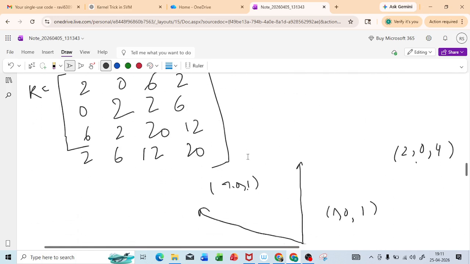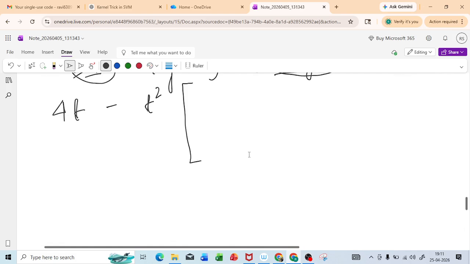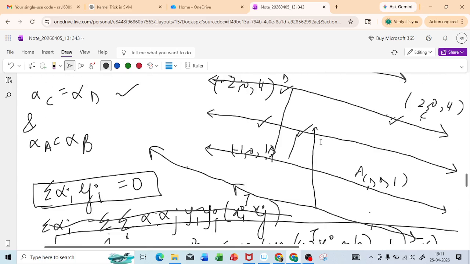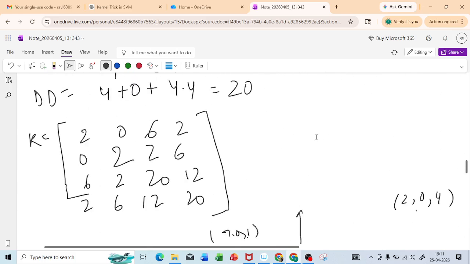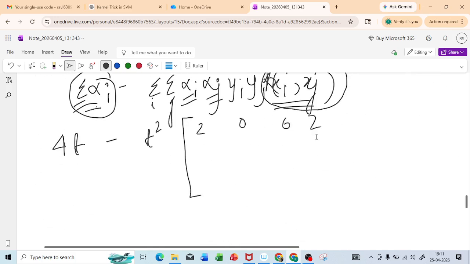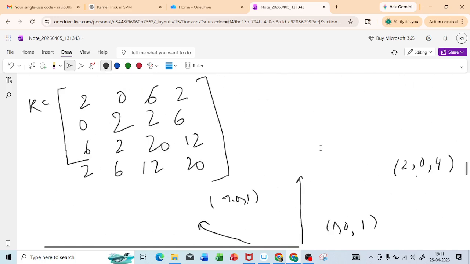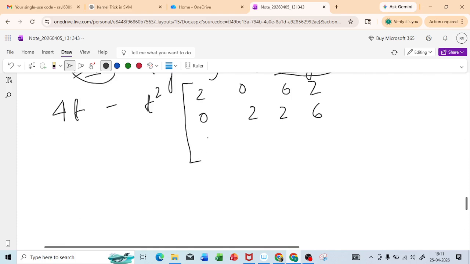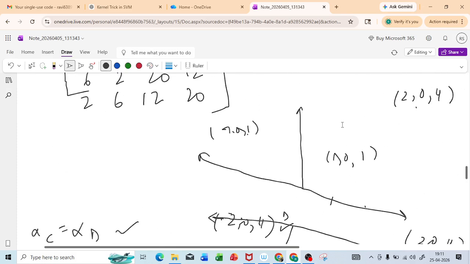The rows are: 2062, 0226, 6 2012, 6 2012, and the last is 26 1220.